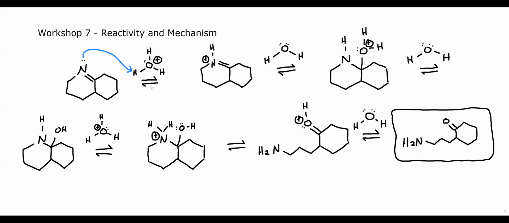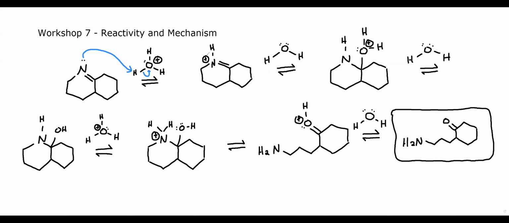It could be any of the hydrogens on this H3O+. An arrow to a hydrogen, and then an arrow showing that the electrons in that OH bond are being left behind. We're just taking the hydrogen, just taking the proton, not the electrons. So this would be a proton transfer.